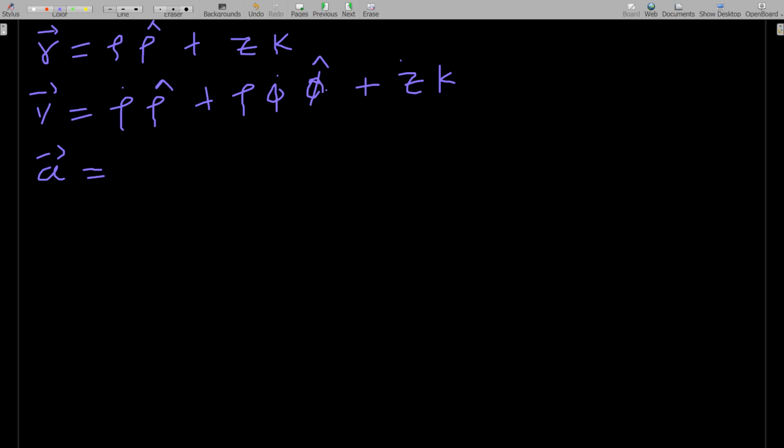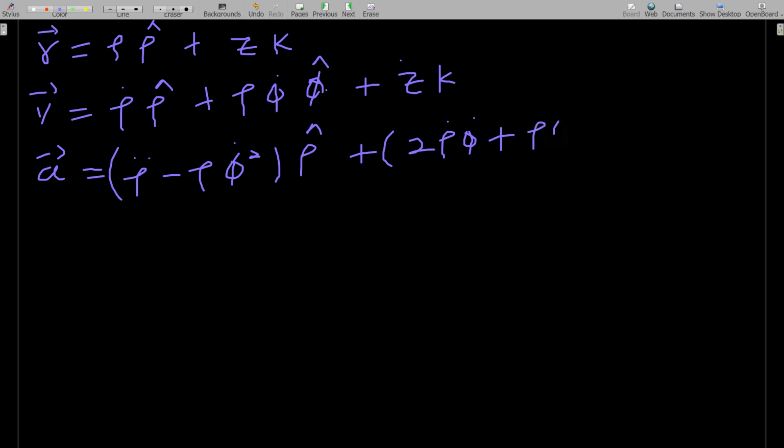So this time around you have the acceleration to be rho double dot minus rho phi dot squared, then rho cap, plus 2 rho dot phi dot plus rho phi double dot, then phi cap plus z double dot k.